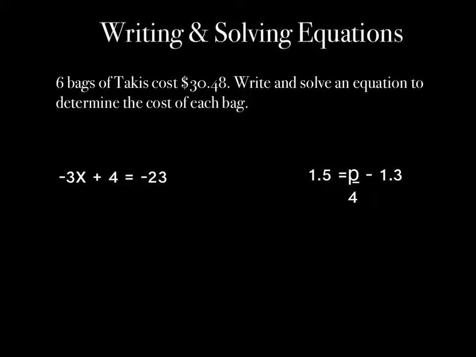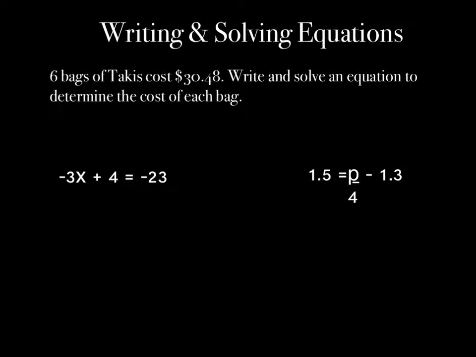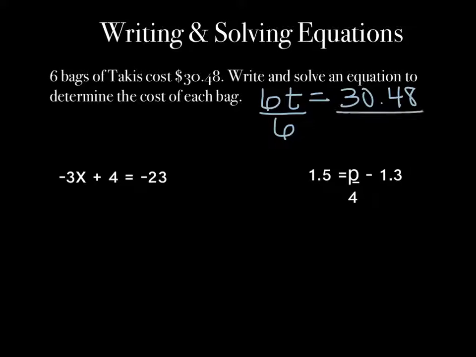So I am going to say that 6 times my cost of the Takis, t, is equal to $30.48. Well, I want to know how much each Takis cost. So to get that t by itself, I would divide both sides by 6.